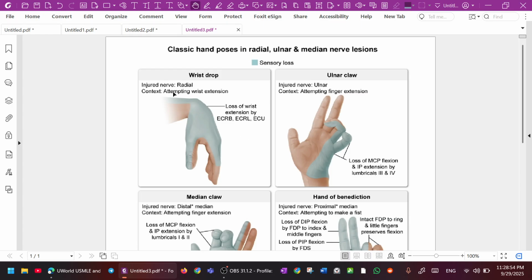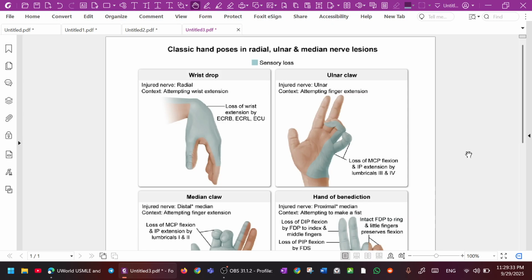Injured nerve is radial. Context is attempting wrist extension, loss of wrist extension by extensor carpi radialis brevis, extensor carpi radialis longus, extensor carpi ulnaris. So wrist drop, radial nerve injury can happen, and there is loss of extension which is done by these muscles.